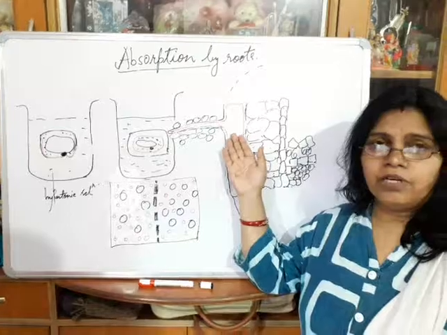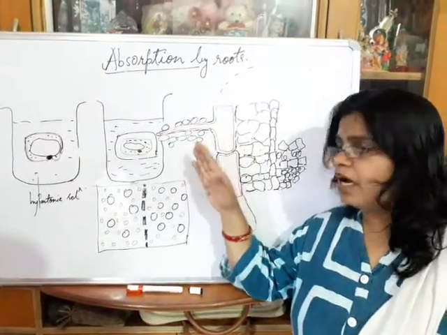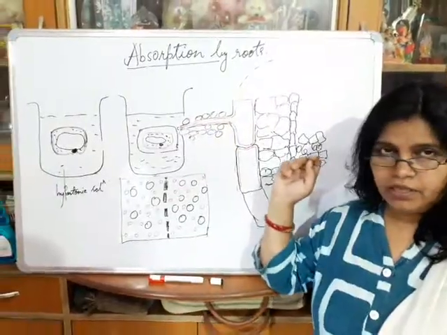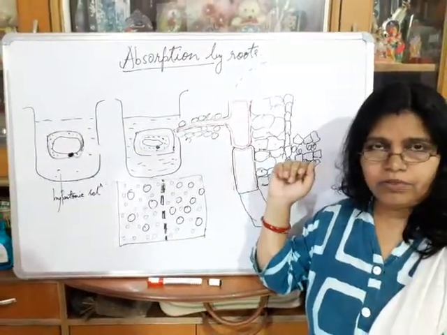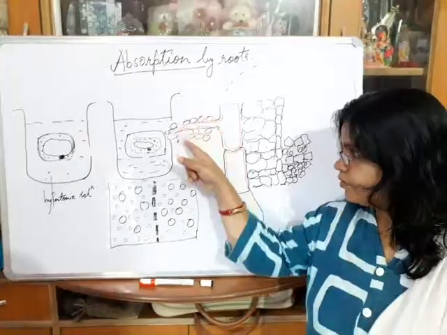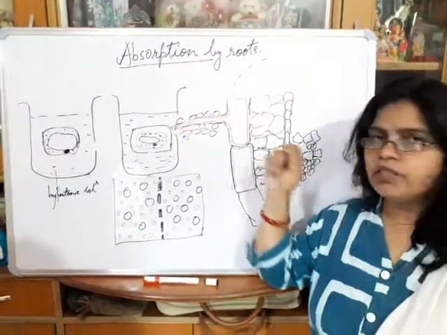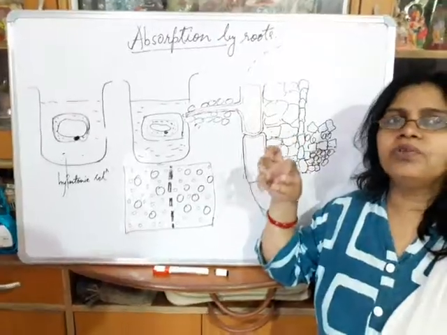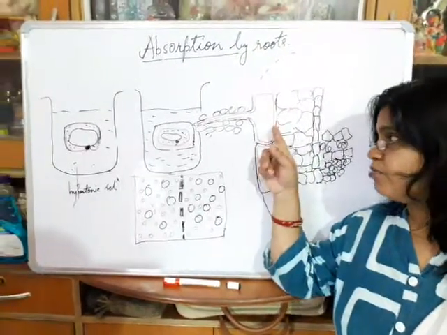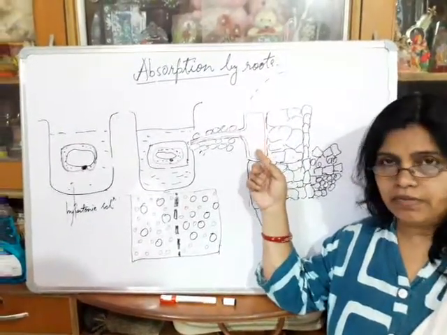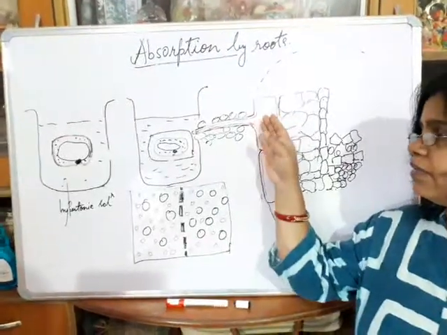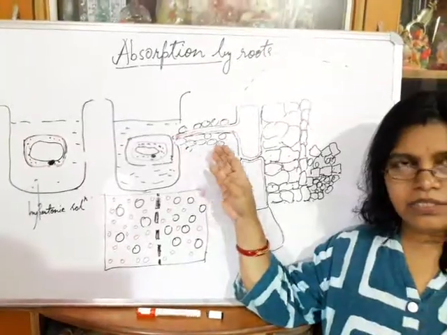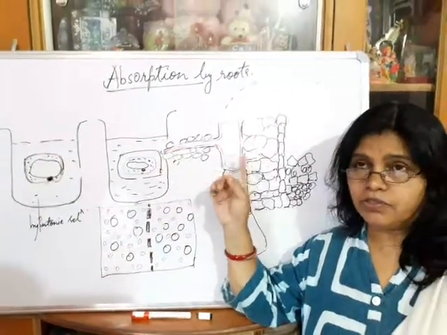When it loses water, suppose we are introducing fertilizer surrounding the root of the plant, the solution surrounding the root becomes concentrated, with more solute particles. In that case, more solvent is present in the cell sap, and from the cell sap the water is lost. That is also osmosis, but this is called exosmosis.